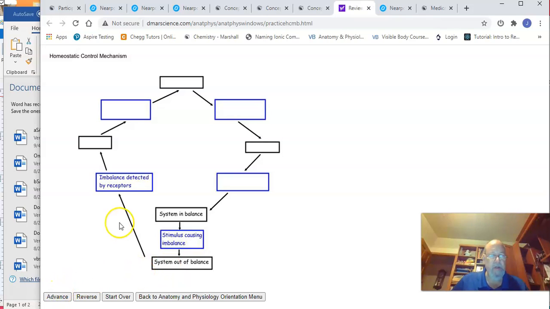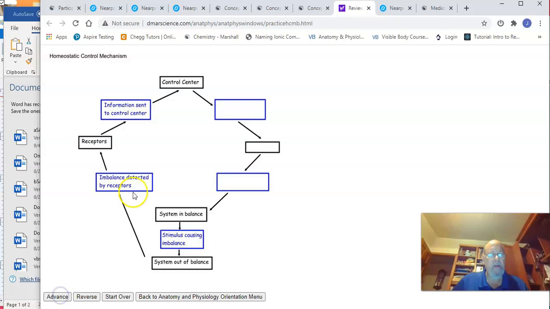So what happens? The imbalance is detected by the receptors. Well, here are the receptors, okay? So the imbalance is detected by the receptors, and then the information is sent to the control center.